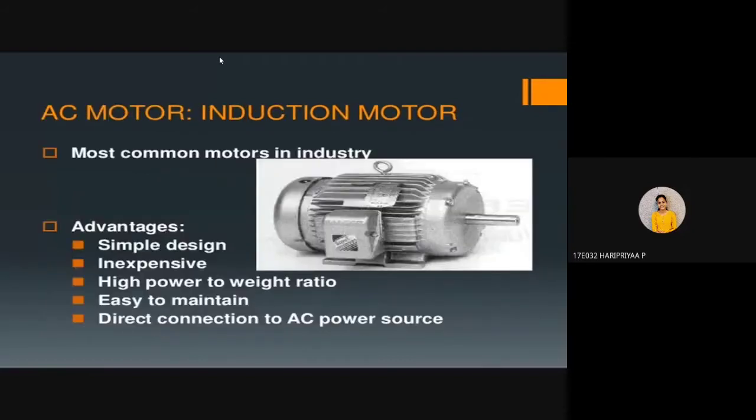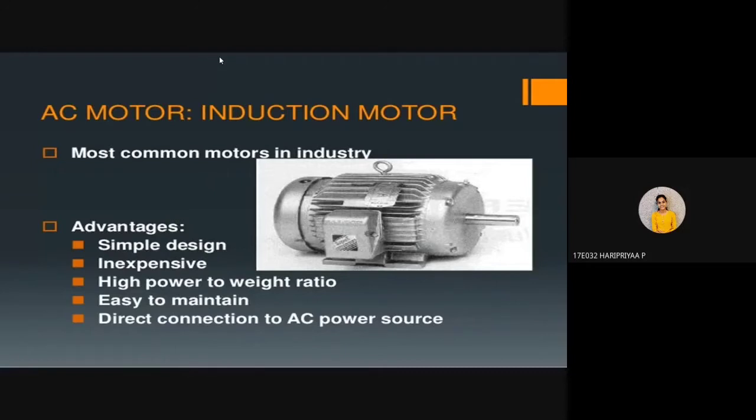Then we'll see about the induction motor. The induction motor is also called an asynchronous motor. It is an AC electric motor in which the electric current in the rotor needed to produce torque is obtained by electromagnetic induction from the field of the stator winding.